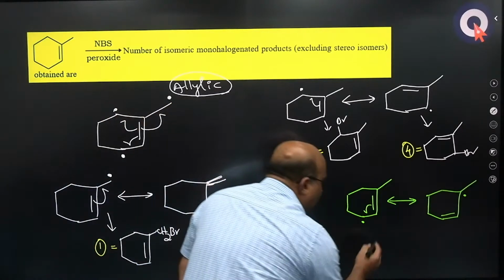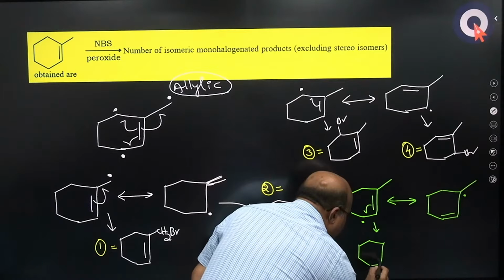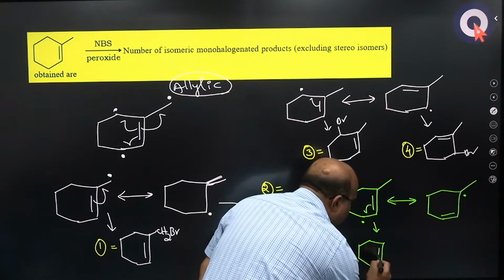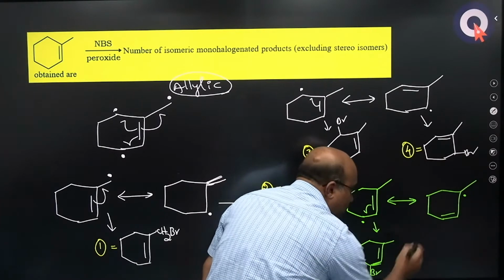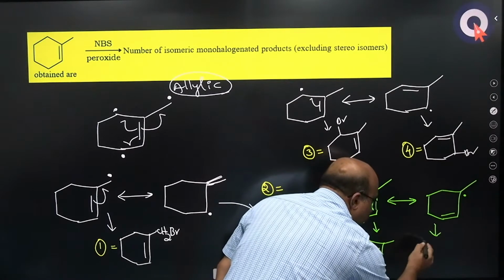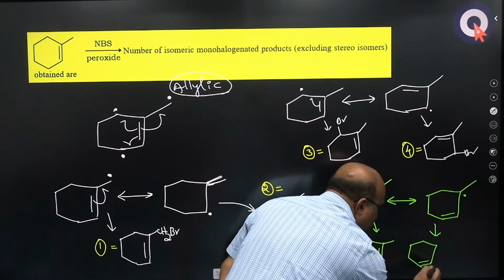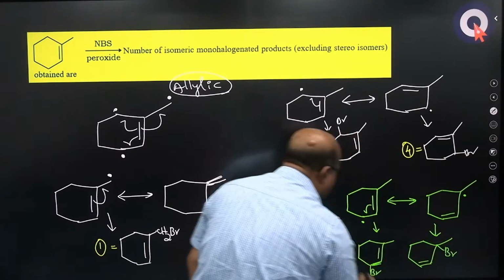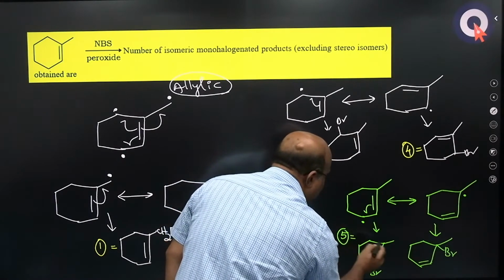This can convert into the halogenated compound with Br, the double bond is here only, with CH3. Also converting, but the double bond is here and Br is here. So let us say this is now 5 and this is 6.